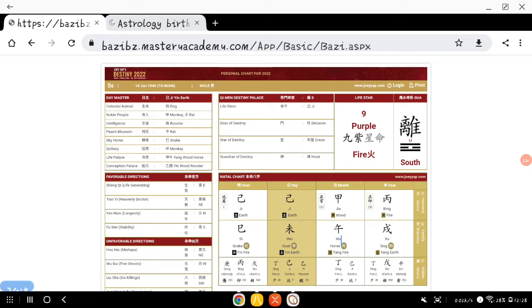We can see that he was born in the fifth month, which is summer. During the summer, the earth element and the fire element get the most energy boost. In the whole chart, we can see that they are all earth and fire, and the single wood here has been transformed to the earth element because the earth and fire elements are very strong, and they have the earthly branches here and also the fire.